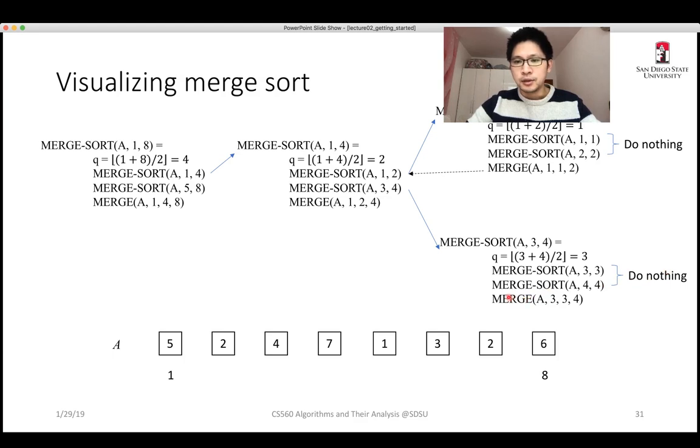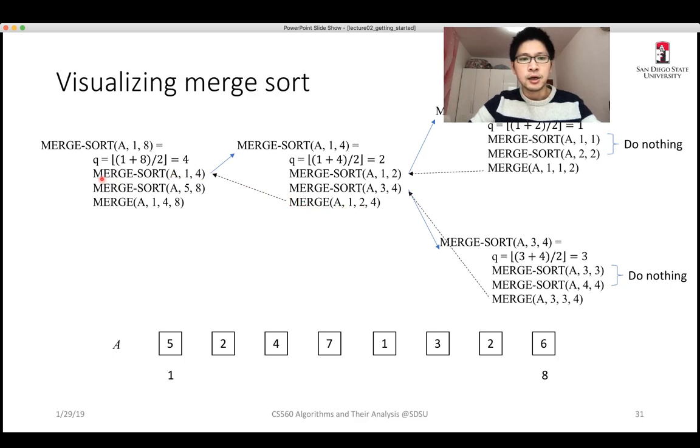This subcall returns after we call the merge procedure on A3, 3, 4. After that, the merge procedure on A1, 2, 4 is called, and then this part returns.